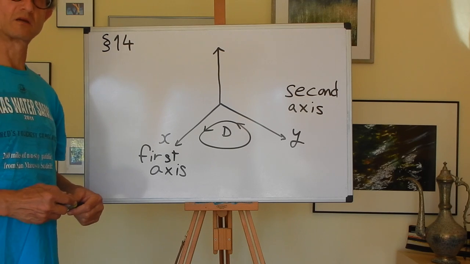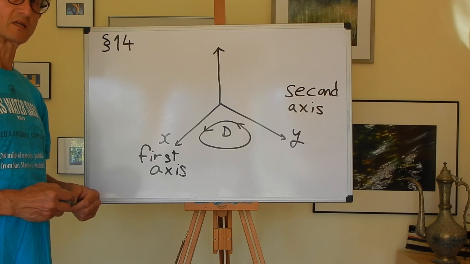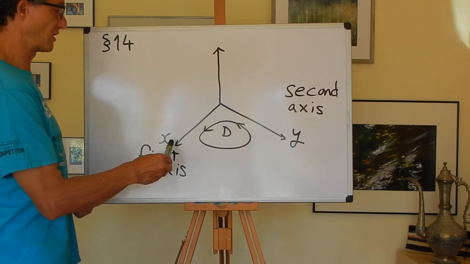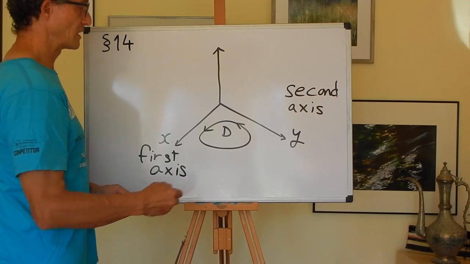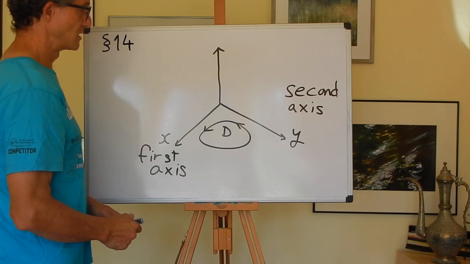We would like to take Green's theorem and generalize it to other planes. So here is the xy plane, here is the domain, and its boundary is like this.